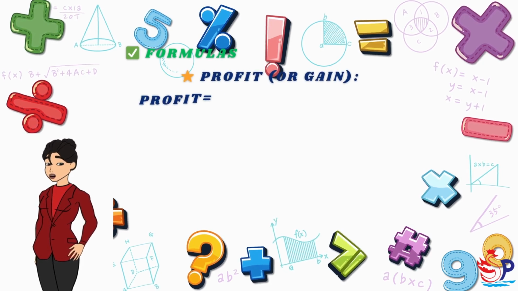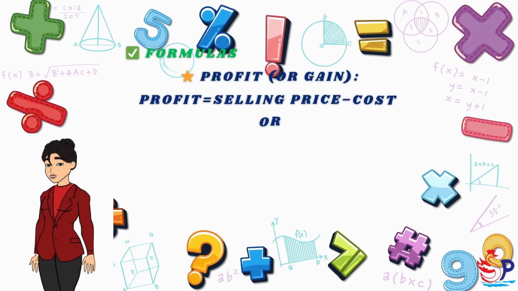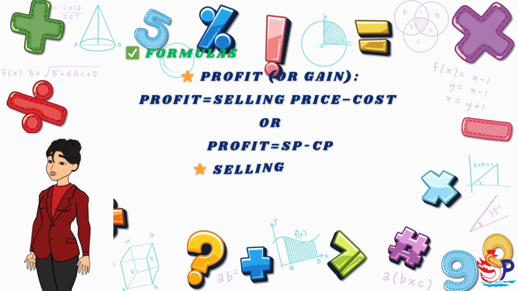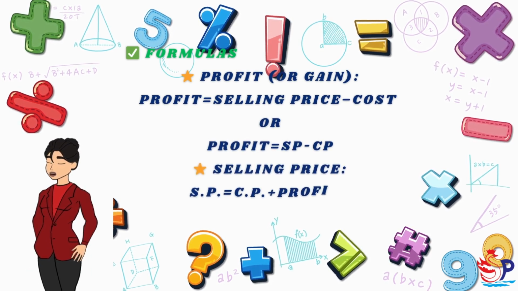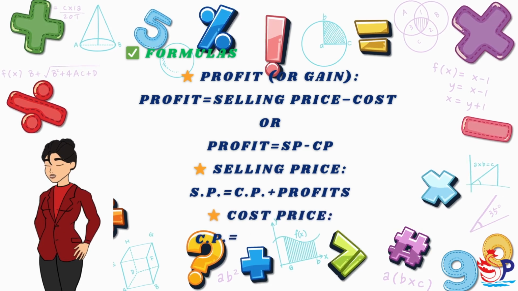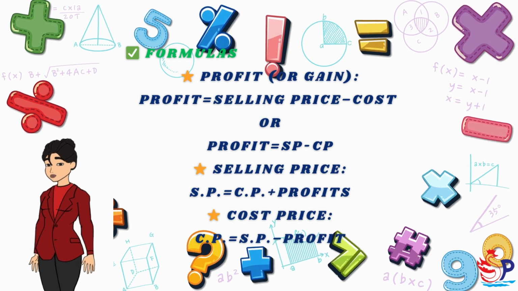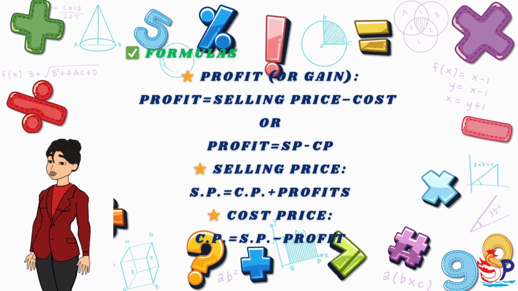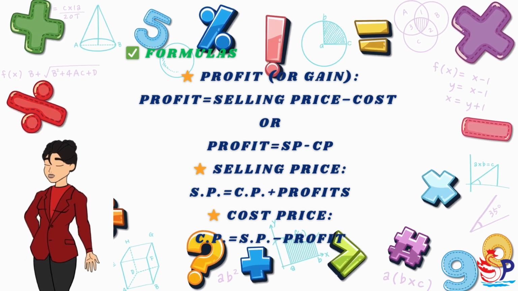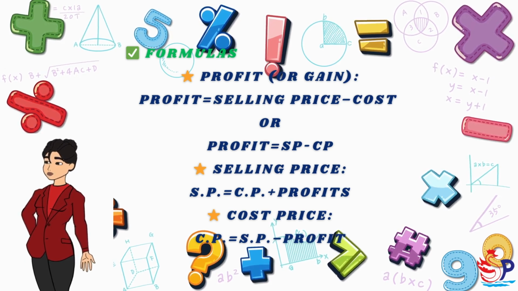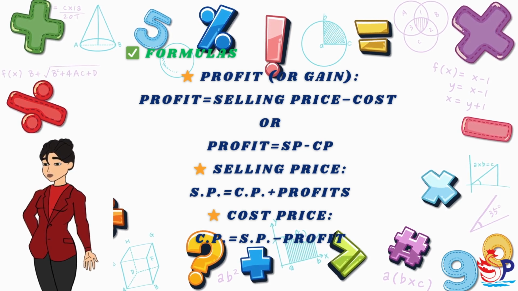Profit or gain: profit is equal to selling price minus cost price, or profit is equal to SP minus CP. Selling price, SP is equal to CP plus profit. Cost price, CP is equal to SP minus profit.